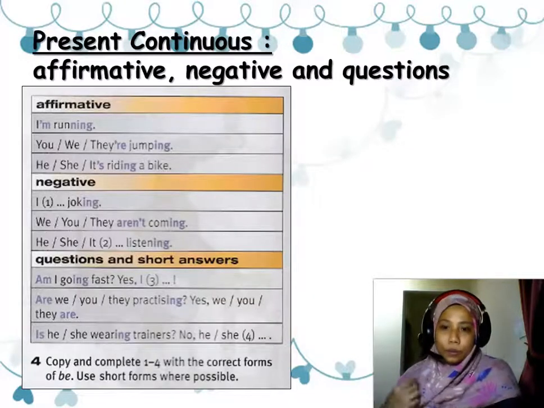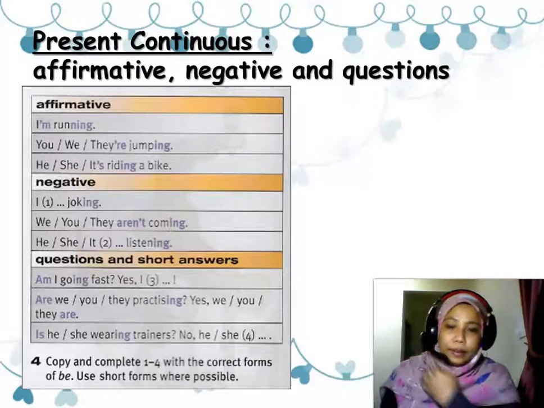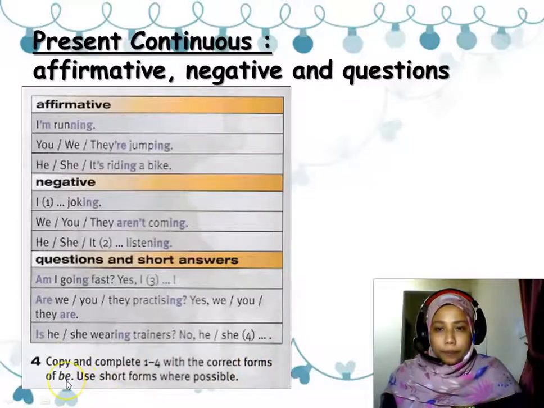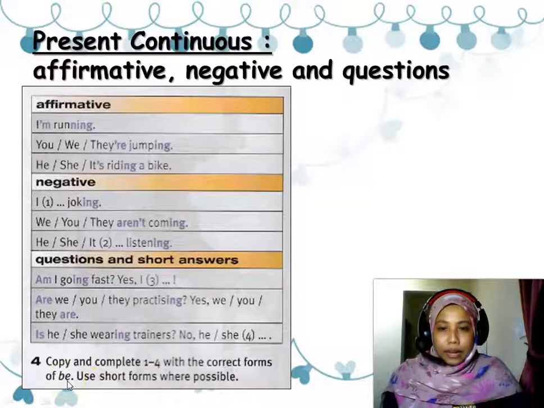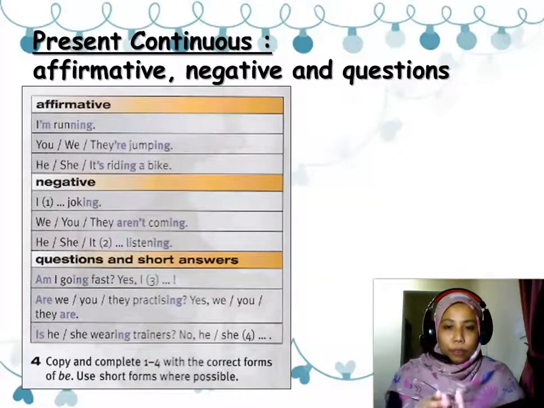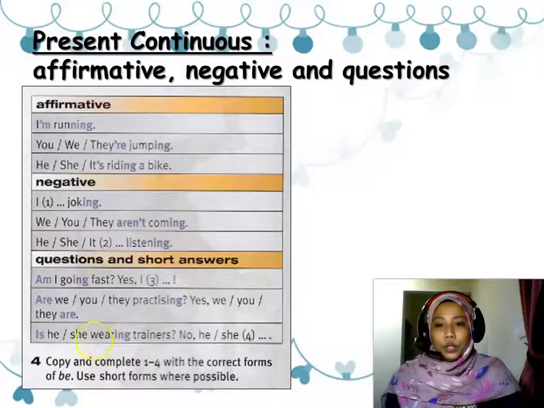Let's check practice 4. I'm going to read the instruction. Copy and complete 1 to 4 with the correct forms of be. Again, be indicates the verb to be. For present continuous, there will be three forms of verb to be: am, is, and are. Use short forms where possible.